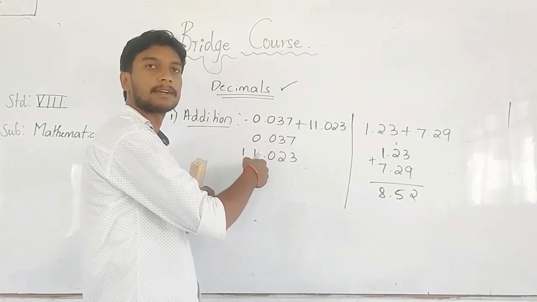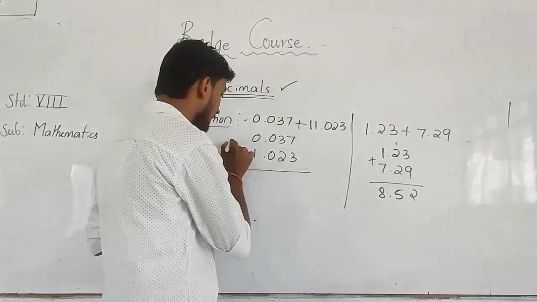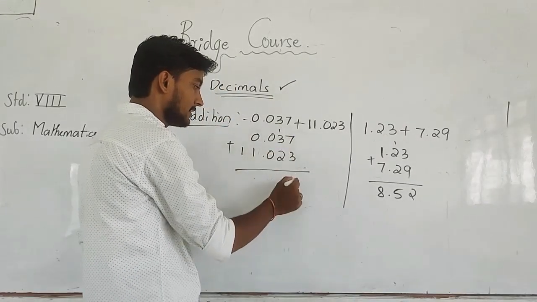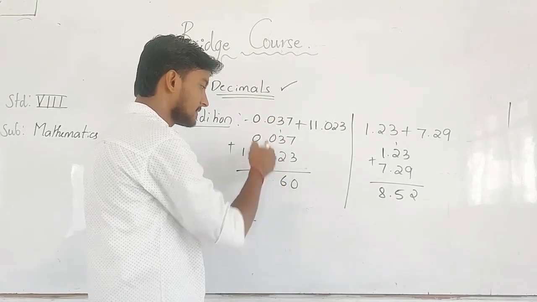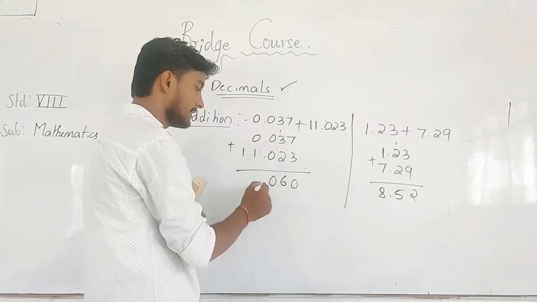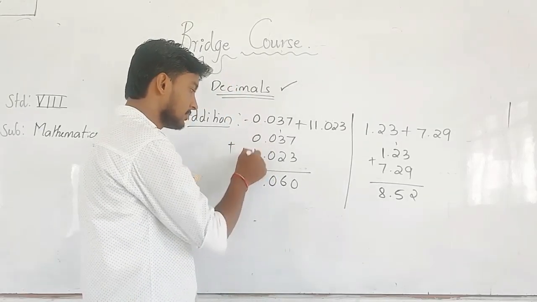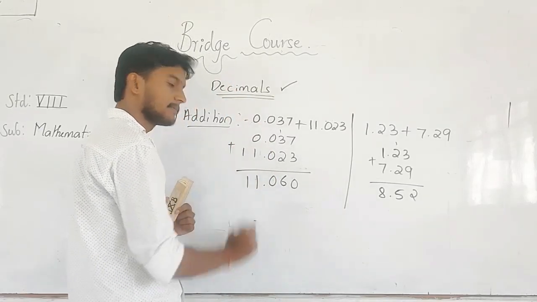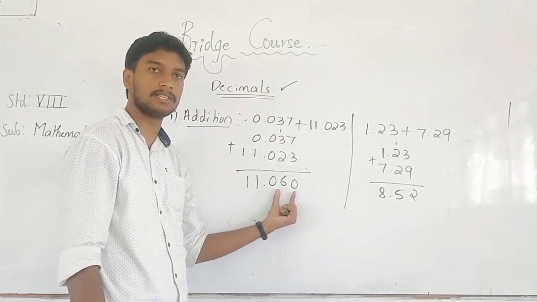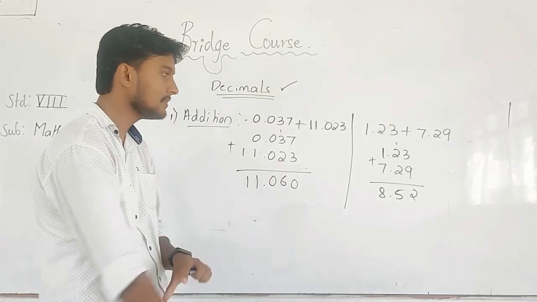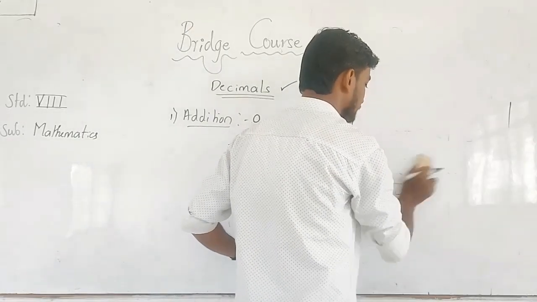Addition: 7 plus 3 is 10, write 0 and carry 1. 3 plus 2 is 5, plus 1 is 6. 0 plus 0 is 0. Next there is a dot, put the dot as it is. 0 plus 1 is 1, 1 as it is. If you add these two decimal numbers, you will get 11.060.